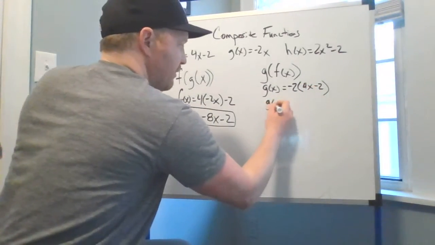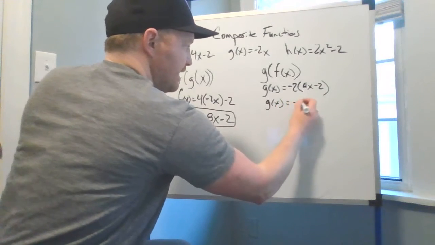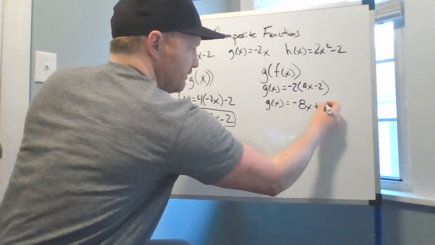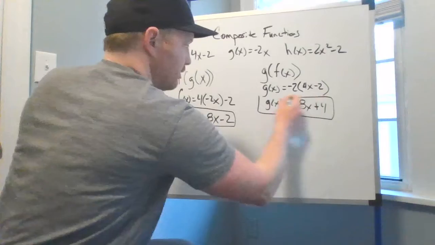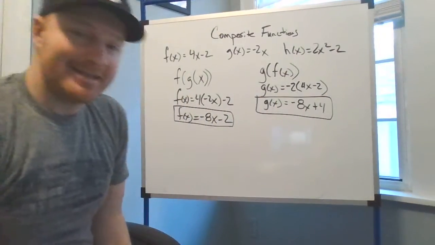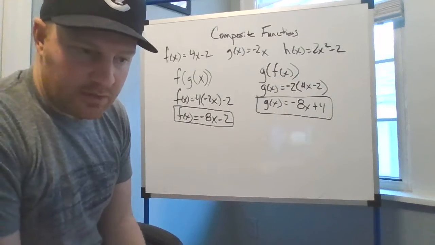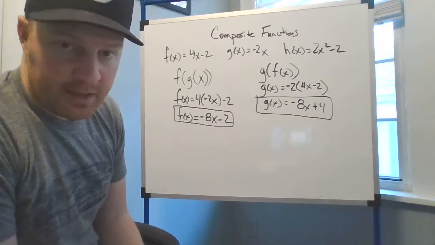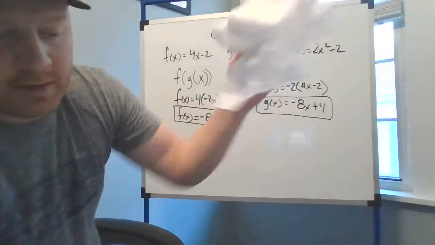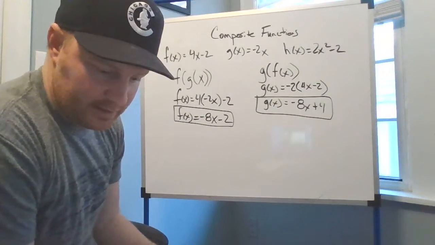Carry out the distributive property, and I get negative 8x plus 4. That is it for something like that. And now, I'm going to take us to a couple more examples, and then we should be good to go on this for the beginning part of today's lesson.